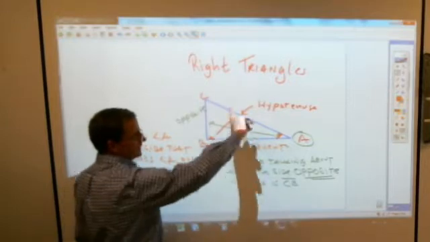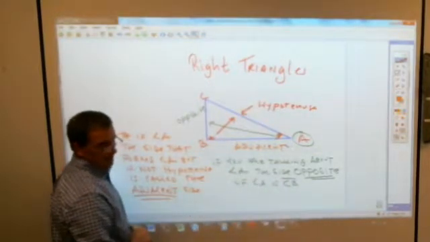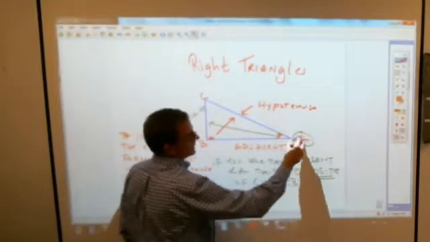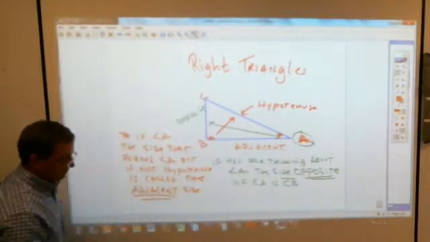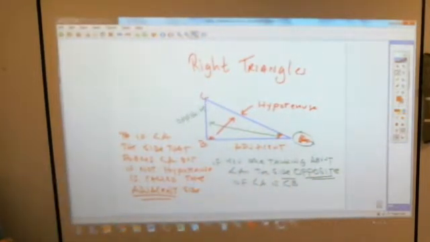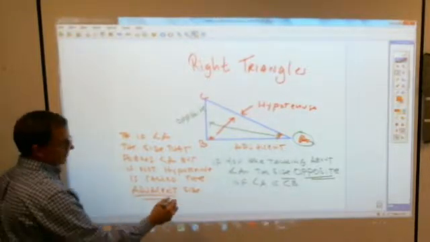Opposite, adjacent, hypotenuse. But that's only if you're talking about angle A. In this case, that would be side AB.